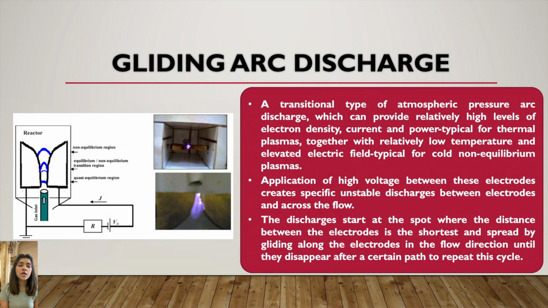This can provide relatively high levels of electron density, current, and power typical for thermal plasmas, together with relatively low temperature and elevated electric field typical for cold non-equilibrium plasmas. Application of high voltage between these electrodes creates specific unstable discharges between electrodes and also across the flow.